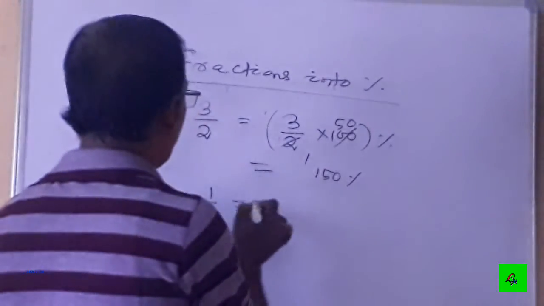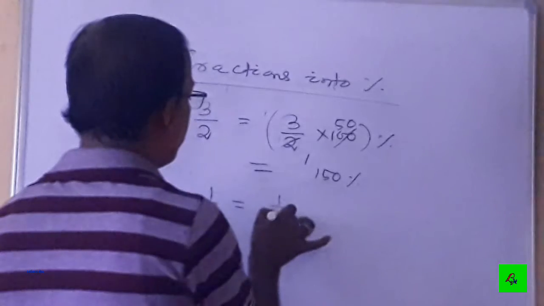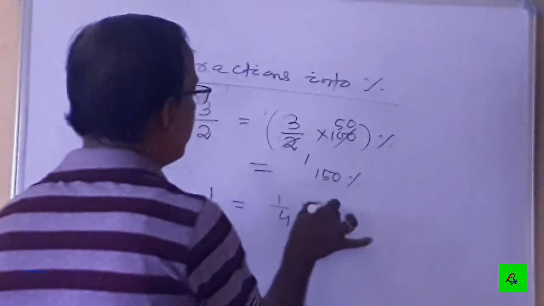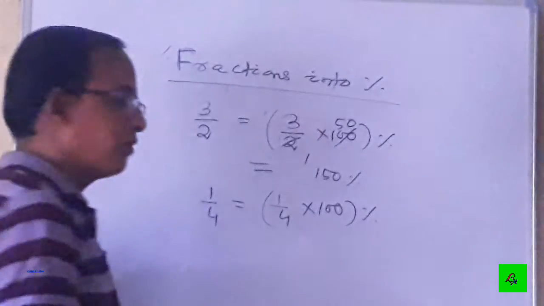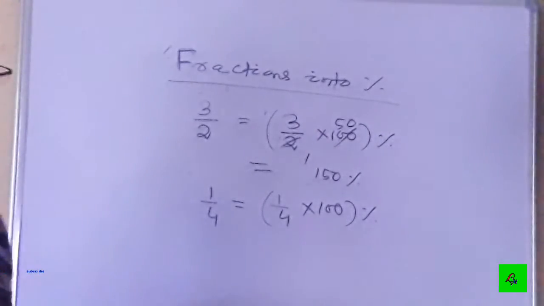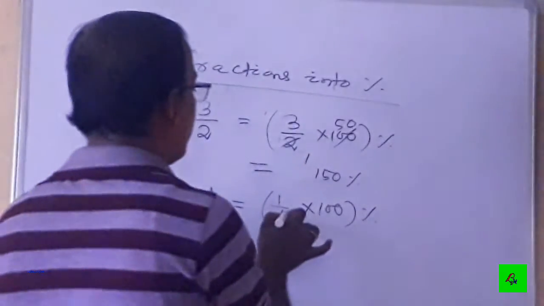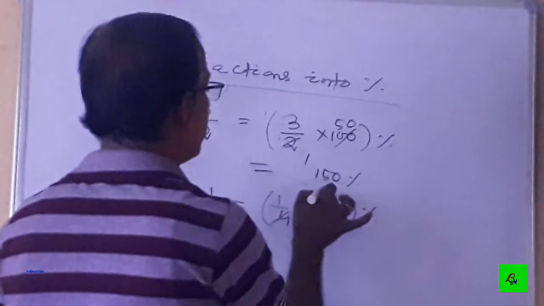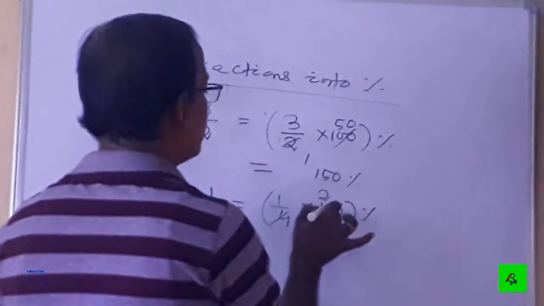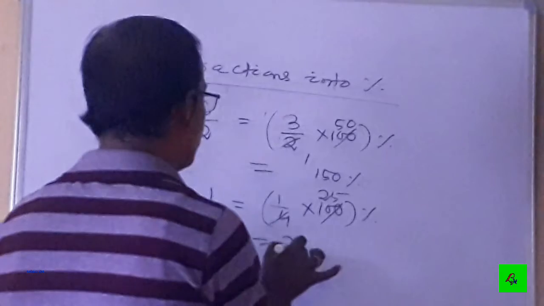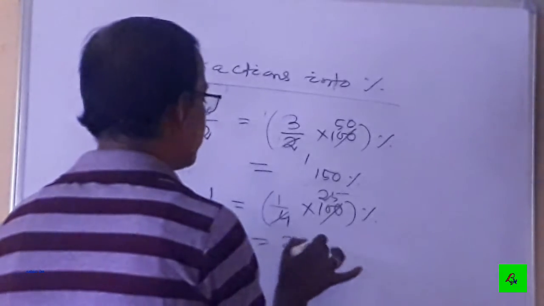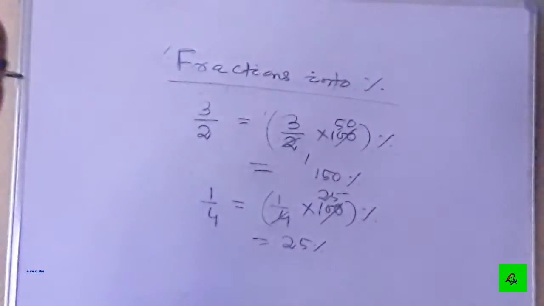That means 1 by 4 equals 1 by 4 into 100, then percentage. Write it as 1 by 4 into 100, then the percentage symbol. Then 4 2s are 8, then 2 5s are 10, 4 5s are 20, so that's equal to 25 percentage.